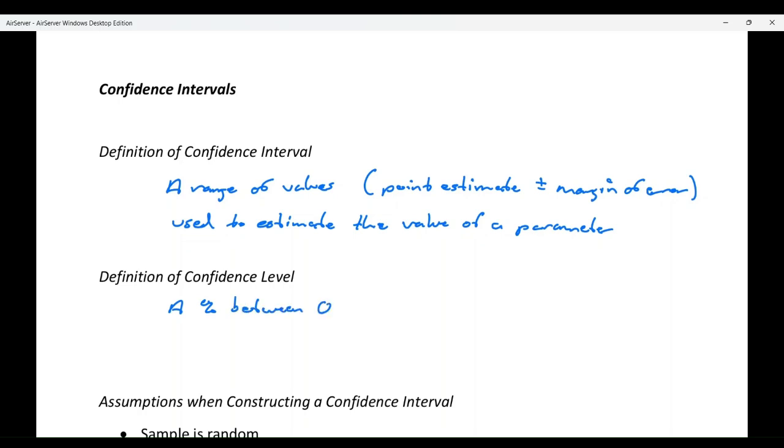So confidence level is a percent between 0 and 100, just a normal percent that measures the expected success rate of the confidence interval.